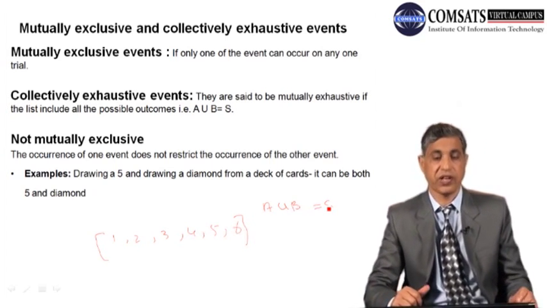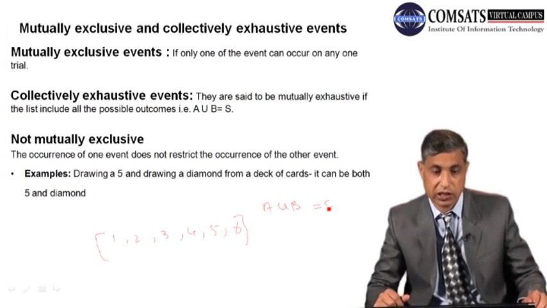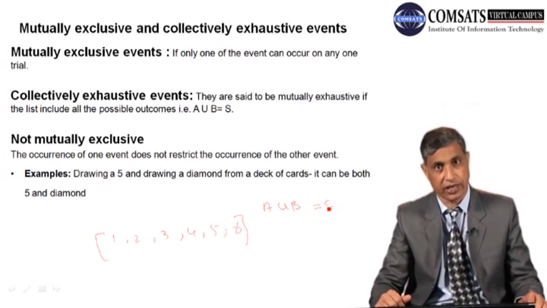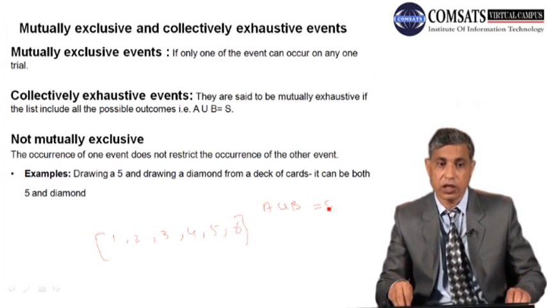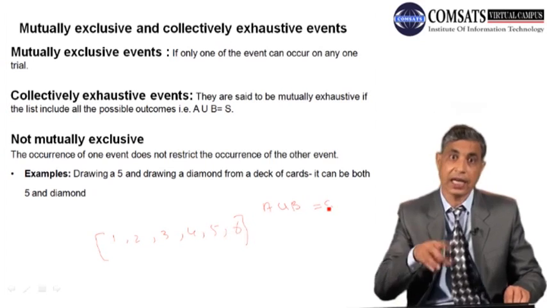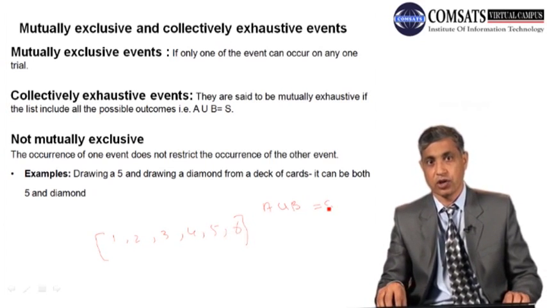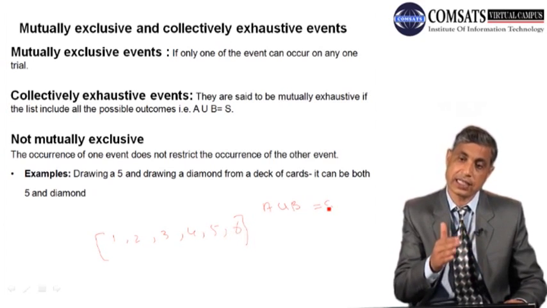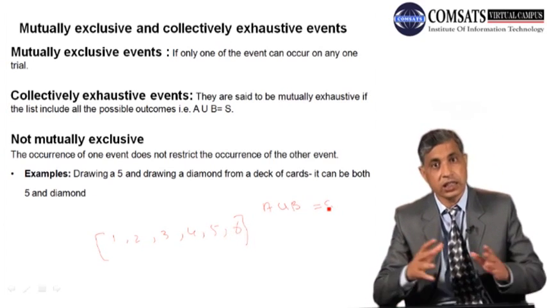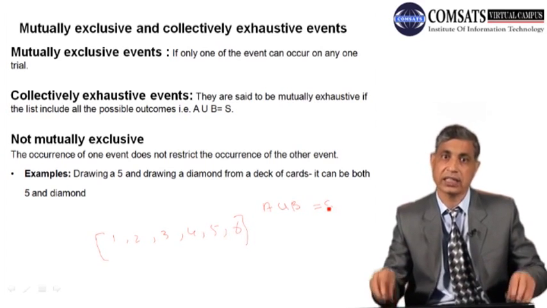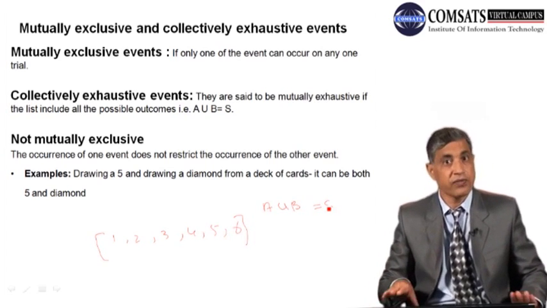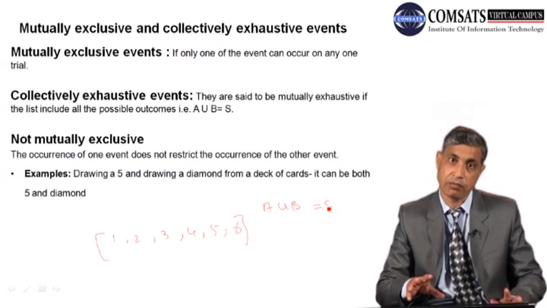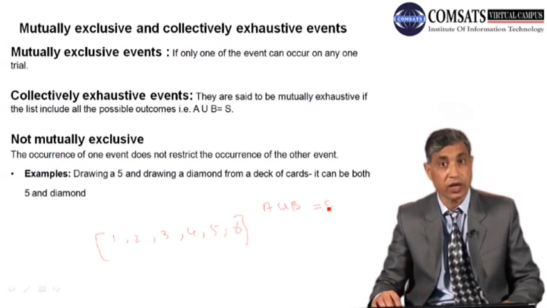Not mutually exclusive events. What are the not mutually exclusive events? It is totally against the mutually exclusive event. For example, two events can occur at the same time. So the occurrence of one event cannot restrict the occurrence of the other event. There is the possibility that both the events can occur at the same time. If there is the probability that both of the events can occur at the same time, then they are not mutually exclusive.